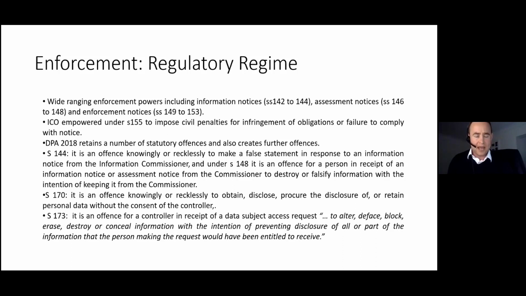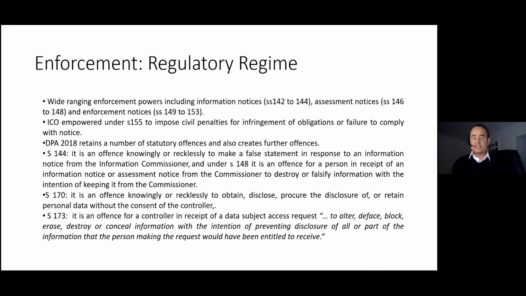Just 2 points I'd make. Section 170, which is an offence knowingly or recklessly to obtain, disclose, or procure disclosure of personal data without the consent of the controller. In the case of Shepherd and Commissioner, 2019 neutral citation, there's an evidential burden on the defendant in those cases. We'll have to see in due course whether that satisfies the Article 6 right to a fair trial.